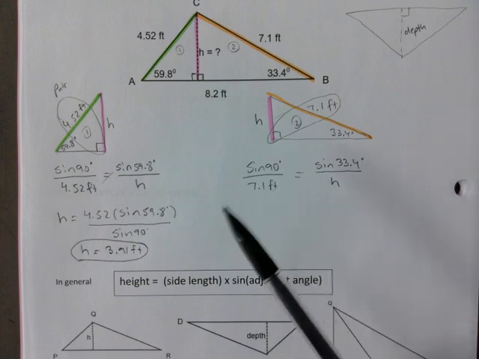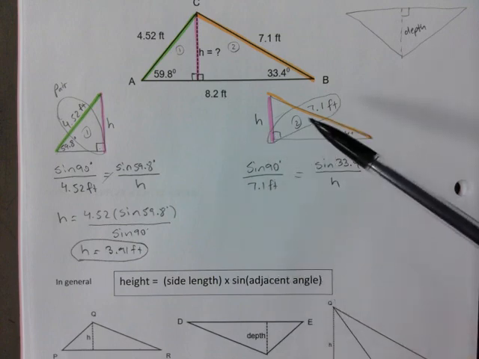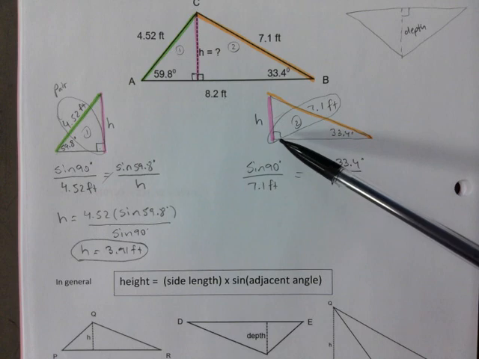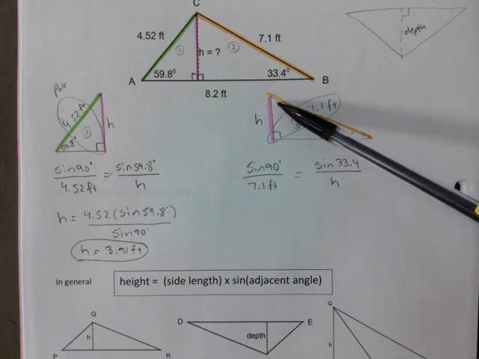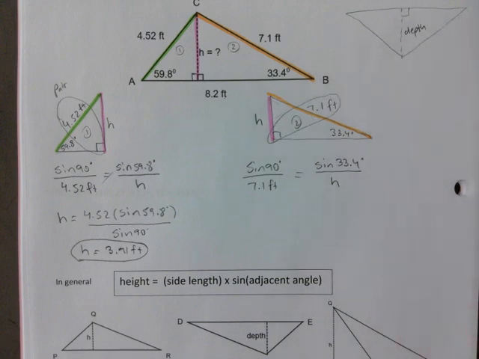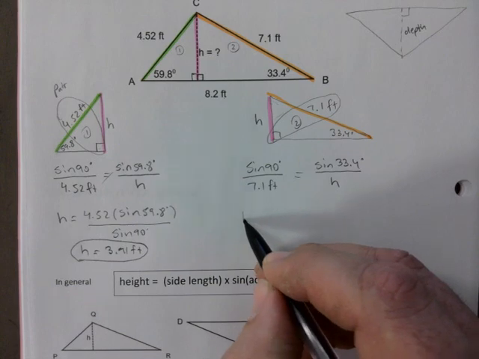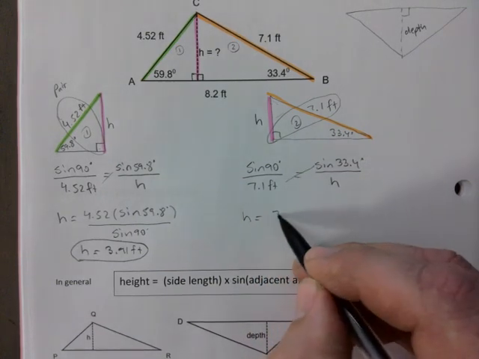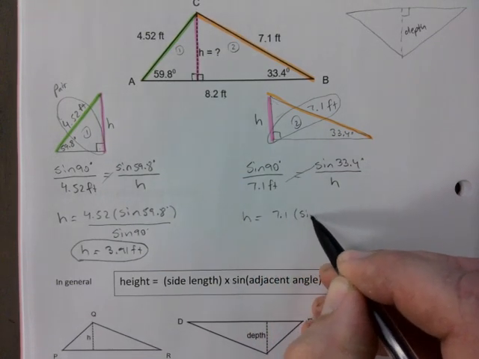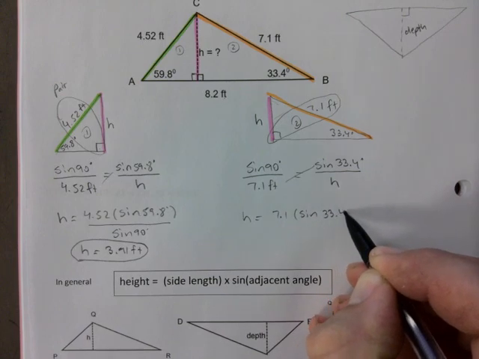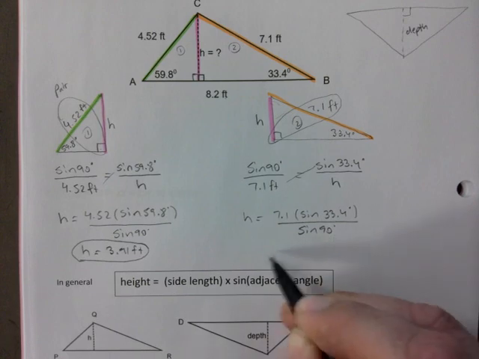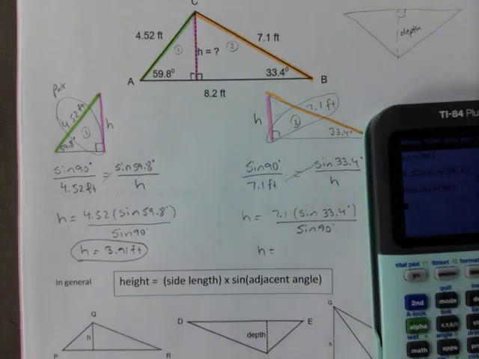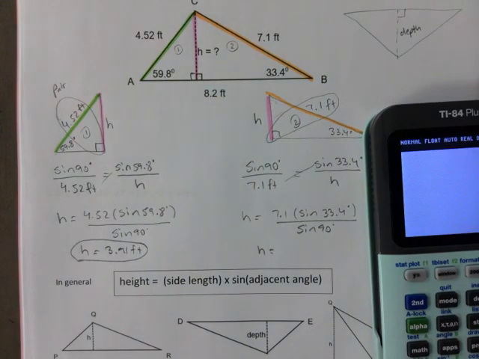But you do know, right, that if you have a 90 here, you have two angles, so you can easily find that third angle up here if you needed to. That shouldn't be a problem. So let's solve this. H would be the same thing: 7.1 times sine of 33.4 divided by sine of 90. Here it is.